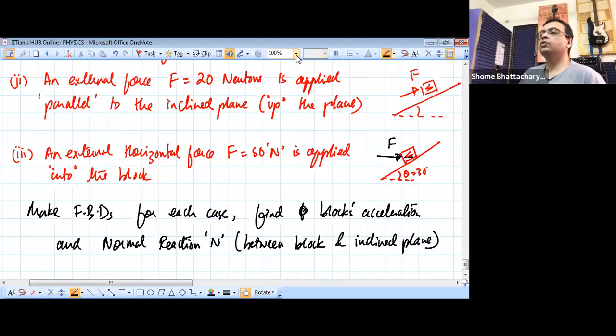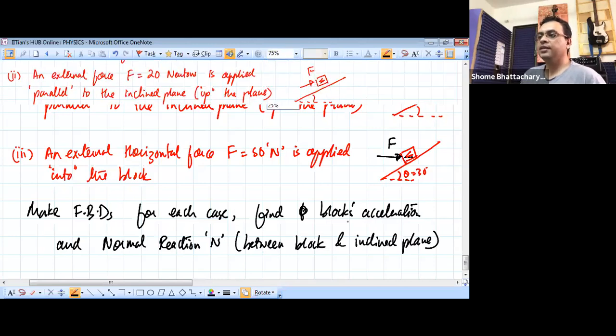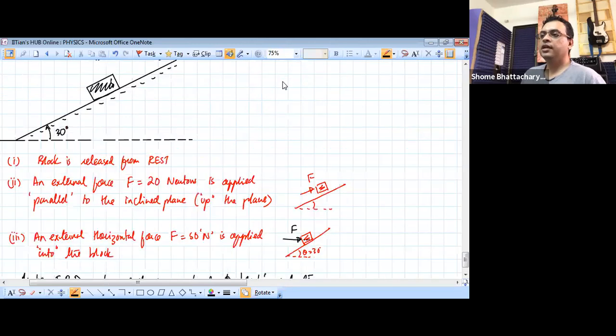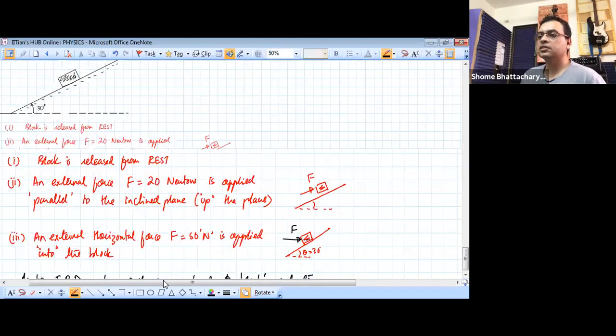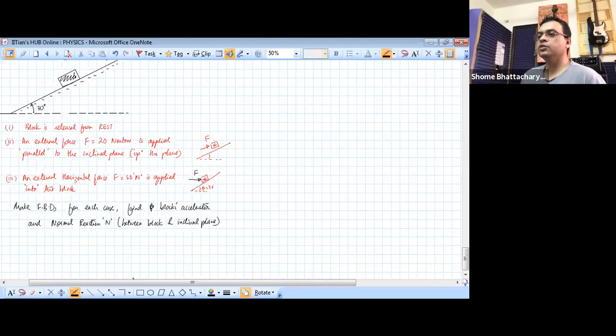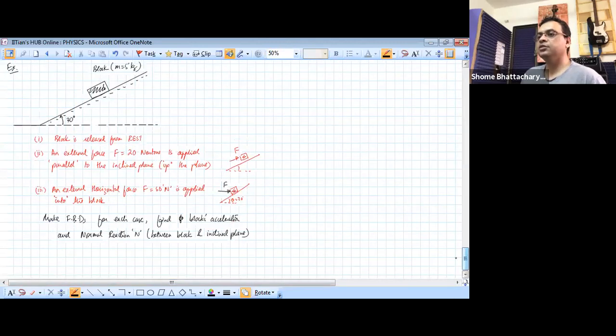So in case 1, we are not applying any force, we are just releasing the block from rest. In case 2, we are applying a force parallel to the inclined plane and up the inclined plane. And finally in the third case, we are applying the force horizontally, kind of pushing it against the inclined plane by application of a horizontal force. Okay. Take g as 10 meters per second square for this. g's direction is vertically downward like this.